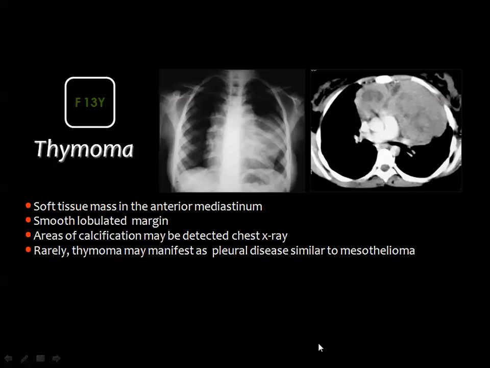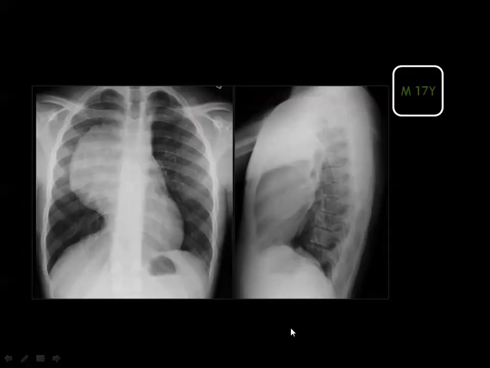In this chest X-ray, you see a mass that looks to be in the left lung, but the CT scan showed that the mass is located in the anterior mediastinum with a left-sided bulge encroaching on the left hemithorax. Thymoma may contain calcium, may contain areas of breakdown.